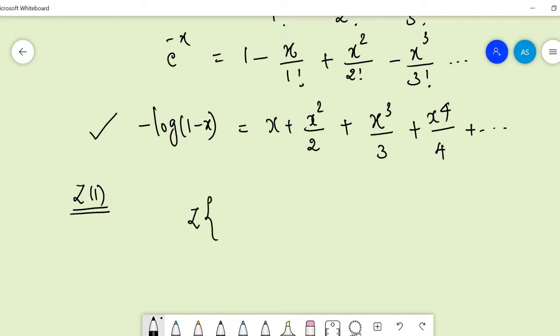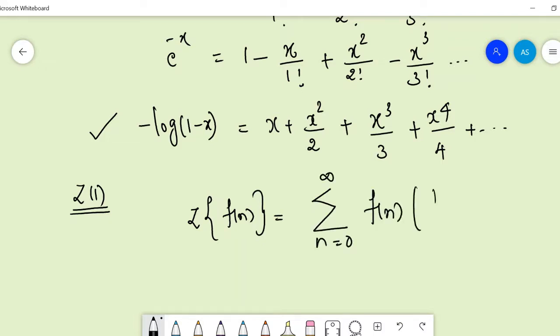So Z transform of f of n is summation n ranges from 0 to infinity f of n, 1 by z whole power n. So here in place of f of n we are having 1.